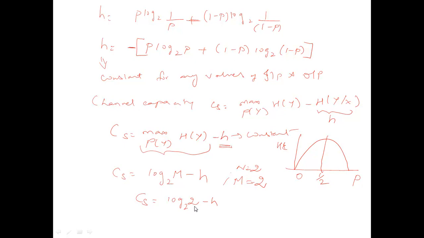We know that log base 2 of 2 is 1. So this can be written as Cs equal to 1 minus of h, where h is minus p log base 2 of p plus 1 minus p log base 2 of 1 minus p. So minus of minus can be written as plus: Cs equal to 1 plus p log base 2 of p plus 1 minus p log base 2 of 1 minus p.